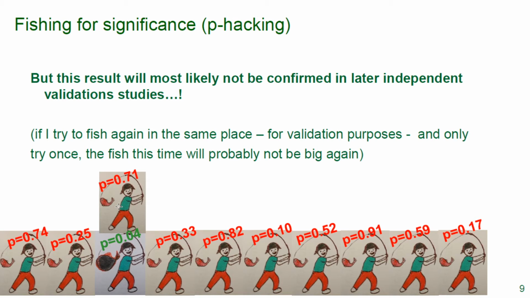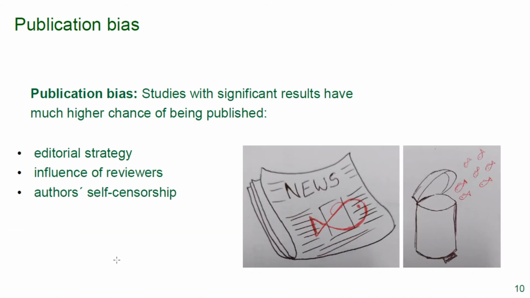And exactly the same happens to us when we fish for significance when doing statistical analysis and then try to confirm our results in later independent validation studies. We are very likely not to find the same big fish again. This leads to the so-called replication crisis, or at least this is a contribution of the statistical aspects to the replication crisis.